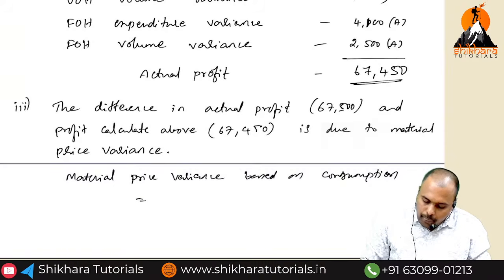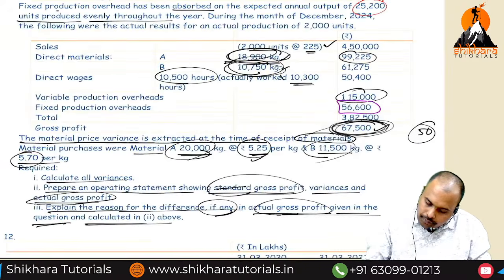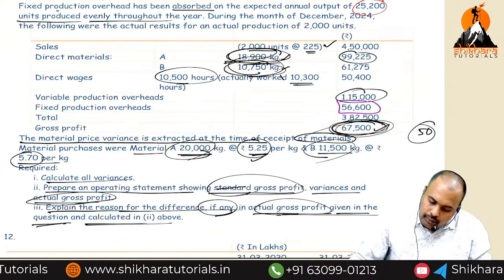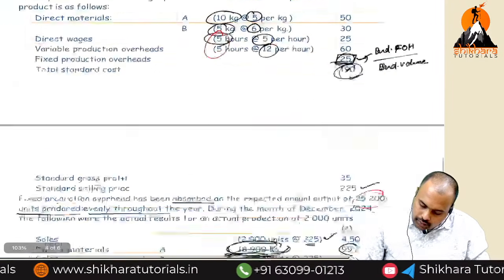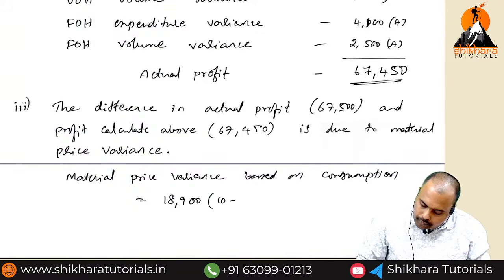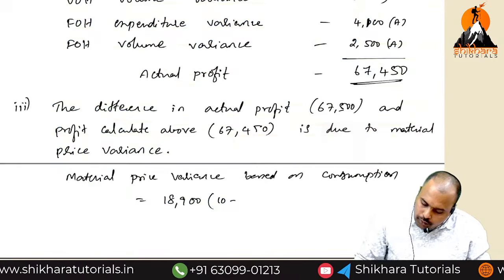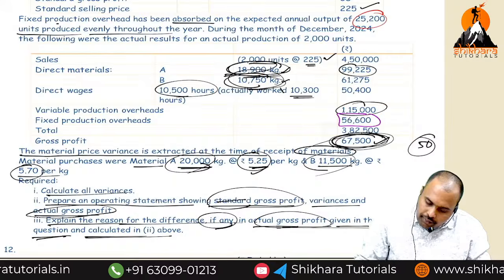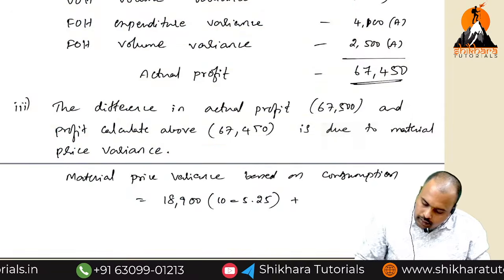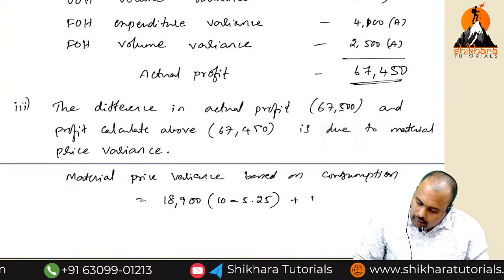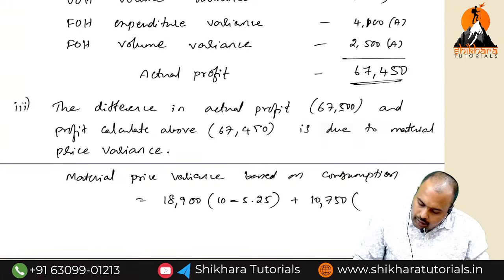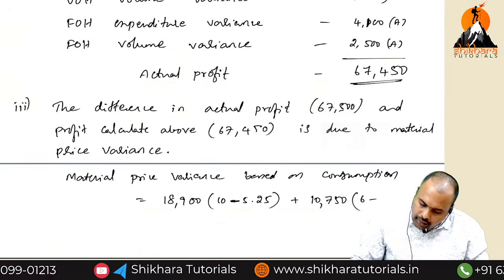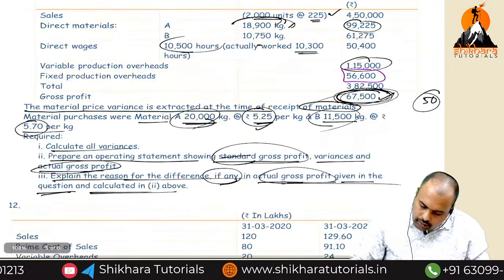It is equal to 18,900 into standard price of A 10, actual price of A is 5.25, plus 10,750 into standard price 6 minus actual price 5.7.